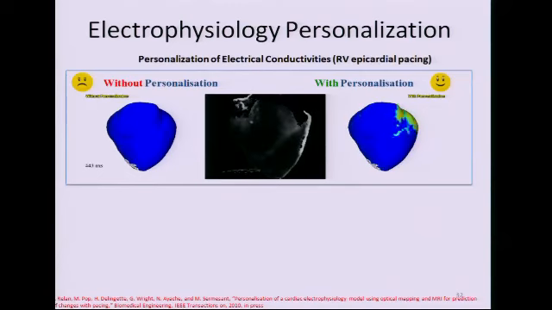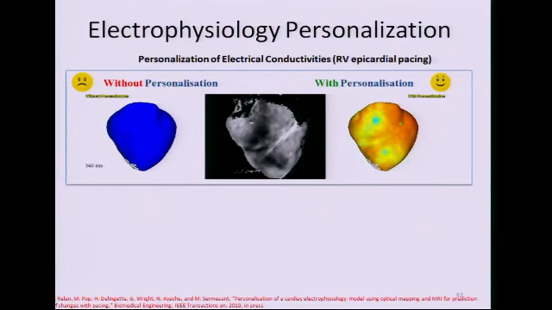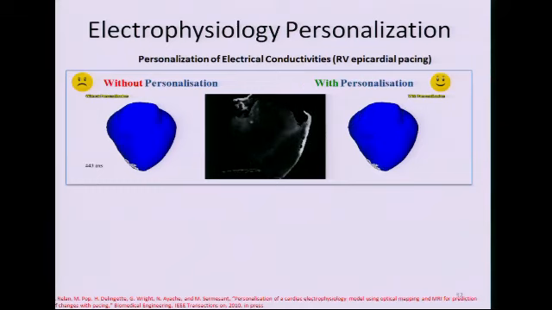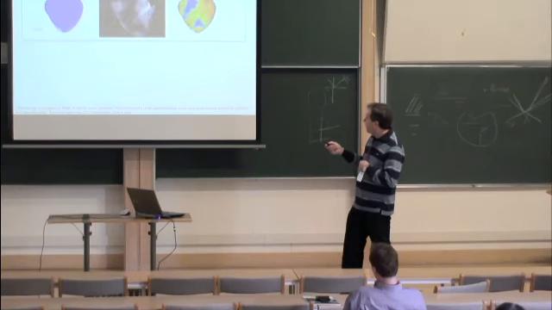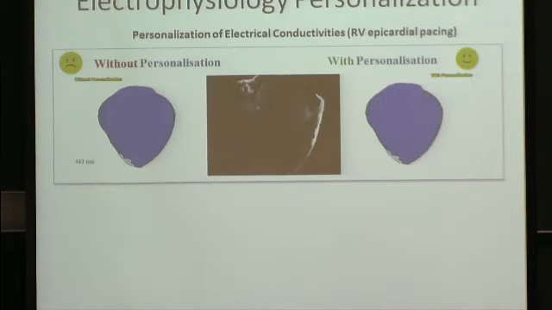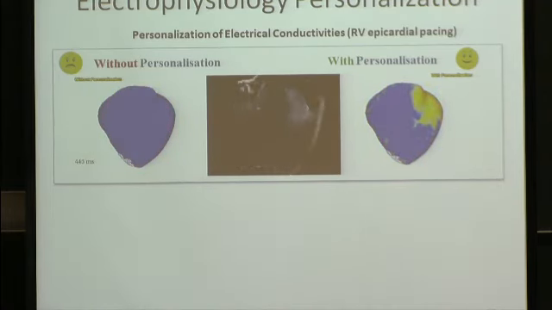In this case we stimulate the heart at the apex of the right ventricle, so here corresponds to where you stimulate the signals, and if you don't set the parameters correctly, you see that there's no agreement. But after you personalize, you can match these 2 images and see that you have now a fairly good agreement between these 2.